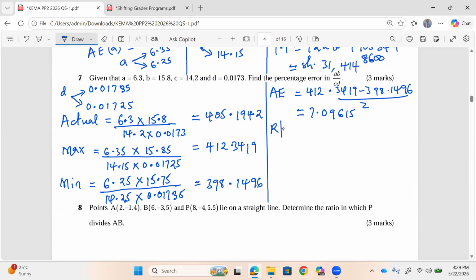Can we go to the relative error of this? For the relative error, we take the absolute error divided by the actual quotient, 405.1942. I hope you are listening to what I'm quoting.